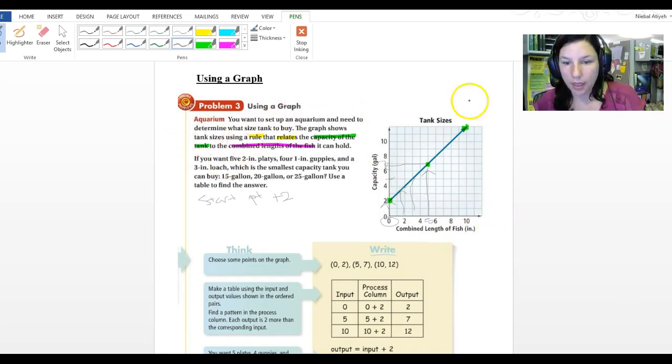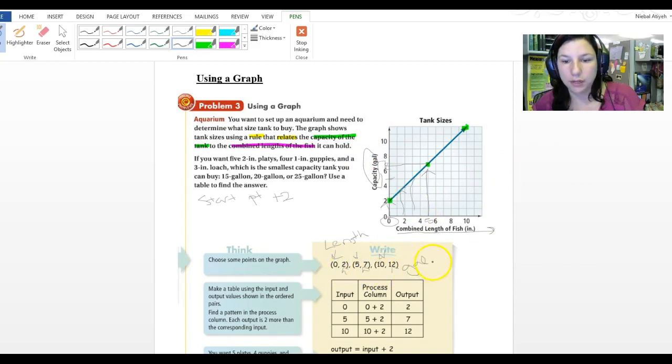Our x coordinate is the length. So 0, 5, 10 in the examples we picked, that's our length. And our y coordinate is going to be the capacity. That's 2, 7, and 12.